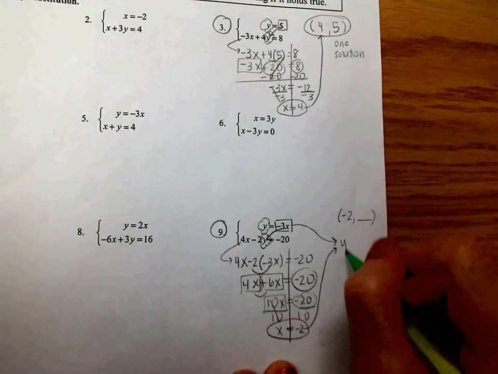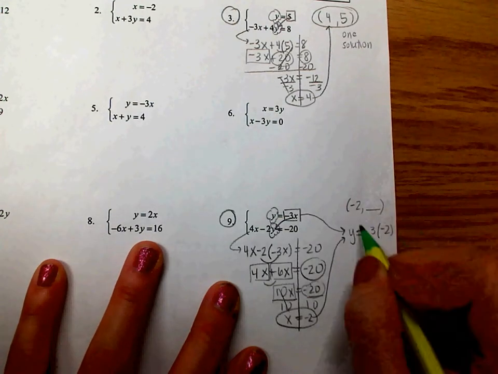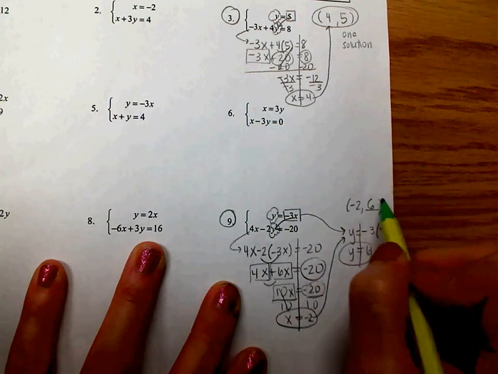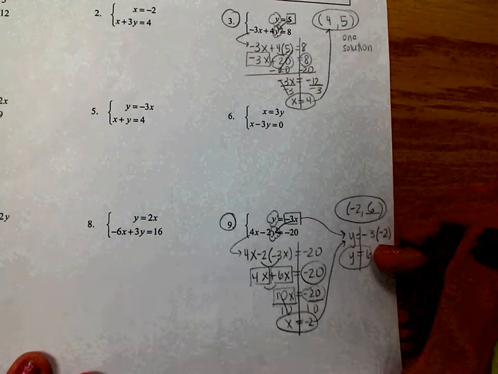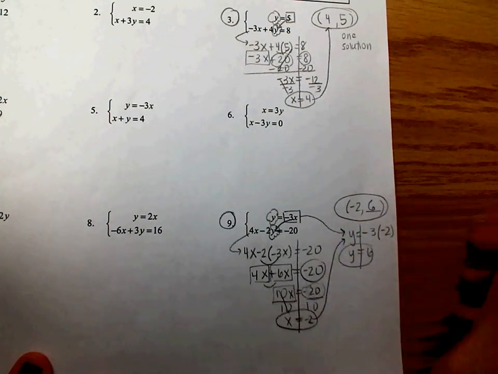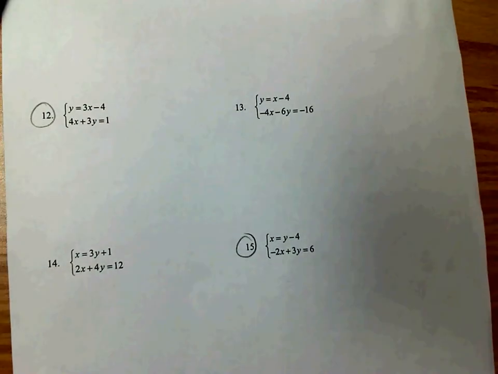So y equals negative 3 times negative 2, and so y equals positive 6, which goes here. And that is the solution to the system. And since there is an x and y, that's where the solution is. It's one solution.